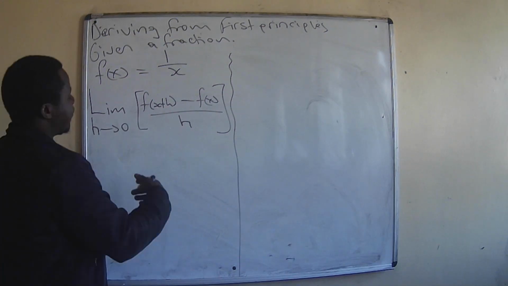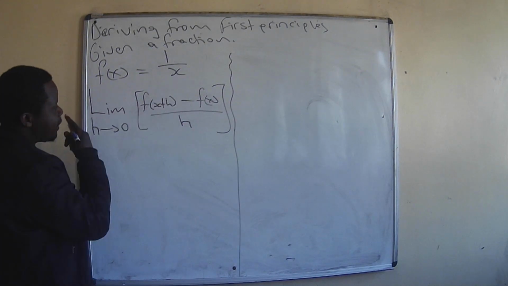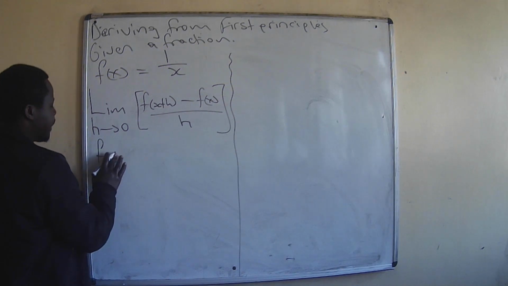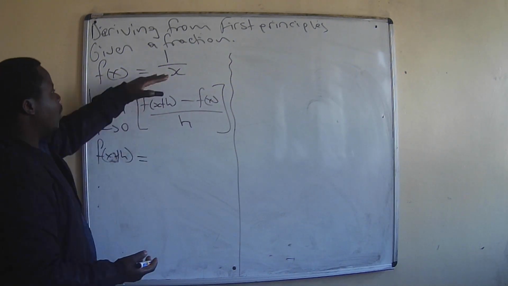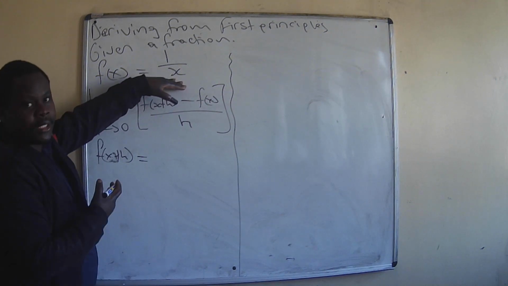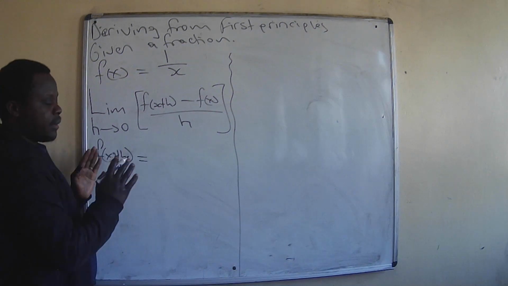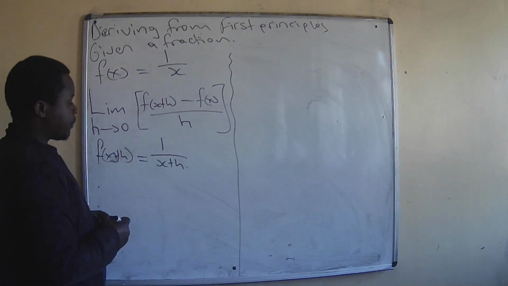Like I said before, we need to separately determine f of x plus h. So f of x plus h is simply, on our original given function, at the position of x, just put x plus h: 1 over x plus h.